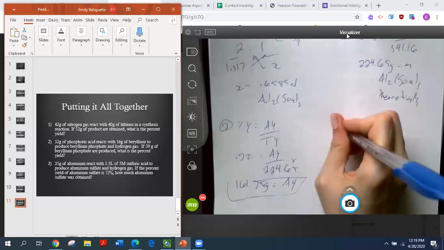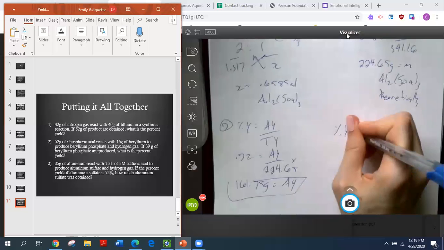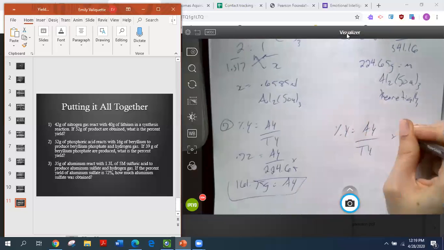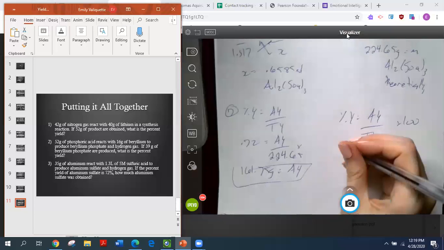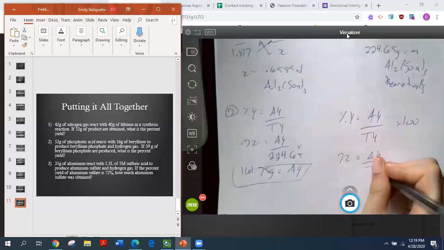Now, some of you will want to be using this formula instead, just to remind yourself about the timesing by 100 thing. If you're using this formula where it actually has the times 100, when you plug in your percent yield, you'll plug it in as a number, not a decimal.